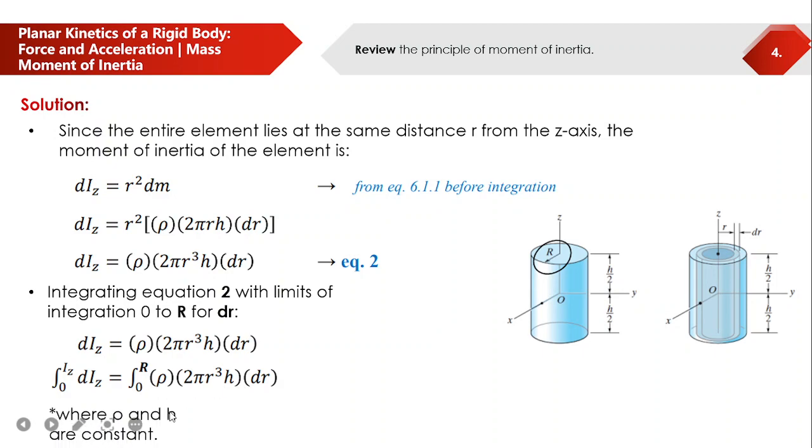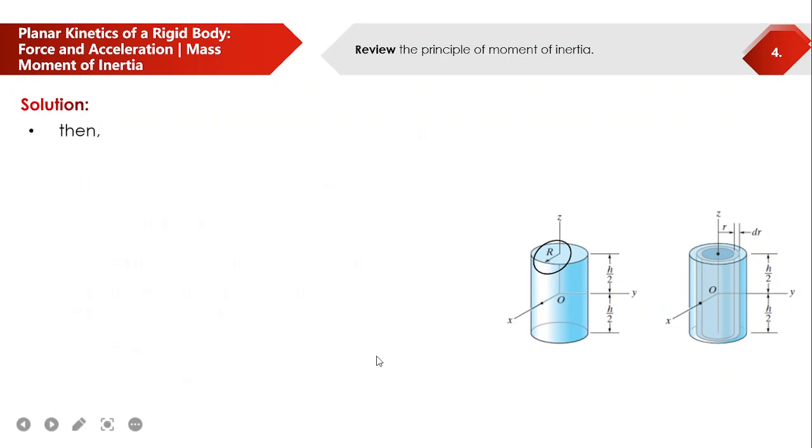Rho and h are constant, so your density and your height are constant. You can take them out of the integral to make it simpler to look at. The integral of dI sub z from 0 to I sub z is I sub z minus 0.